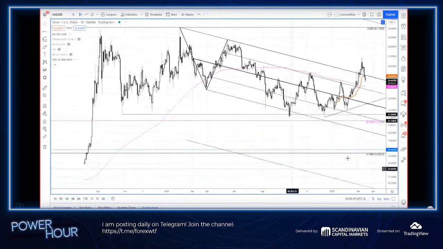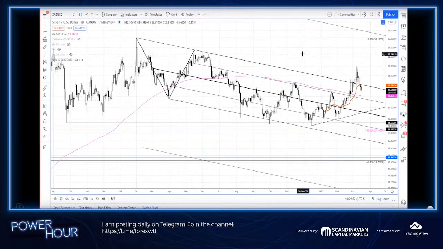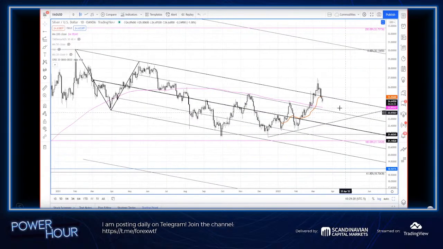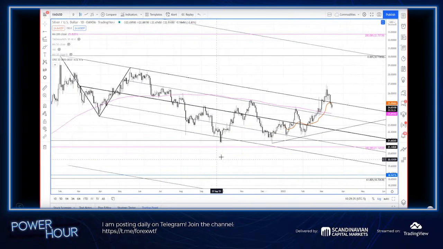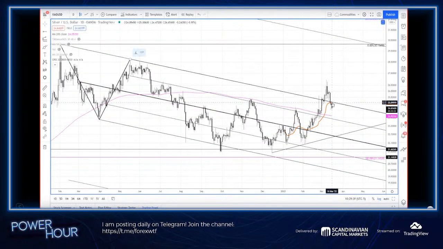Silver, again, just a beautiful channel going back to 13 months ago, February 2021. We broke out, and that breakout did not hold. So again, the way I do things, I can't be involved because this has failed, right?